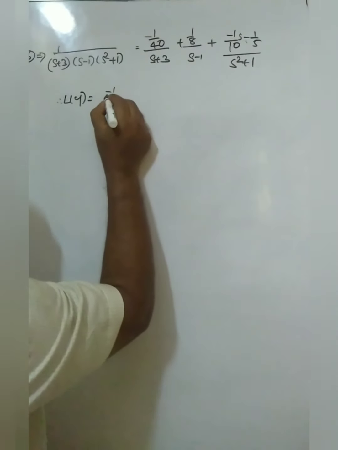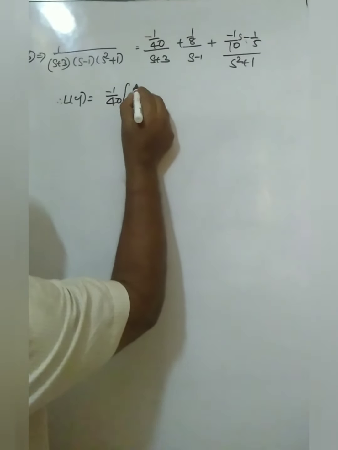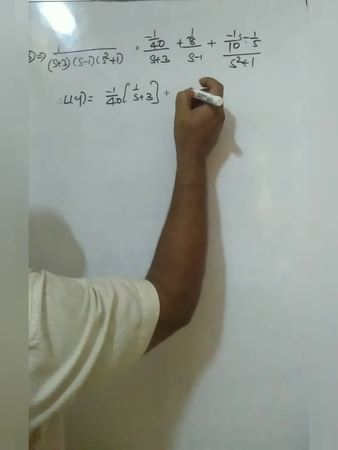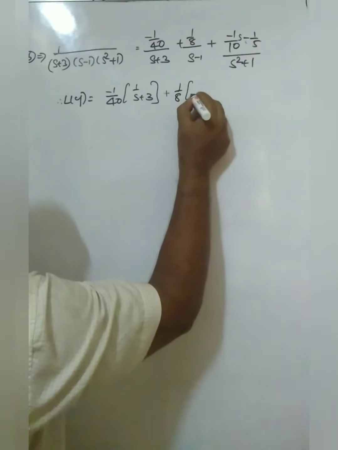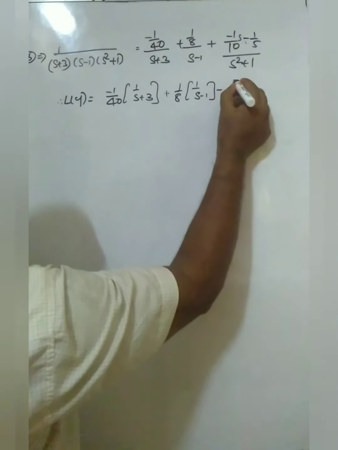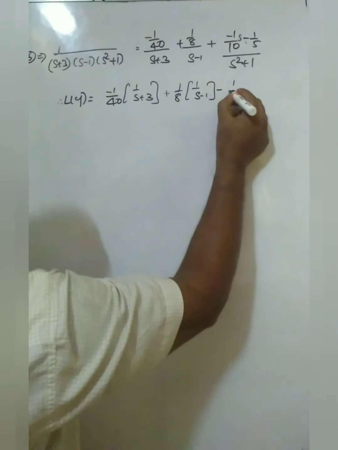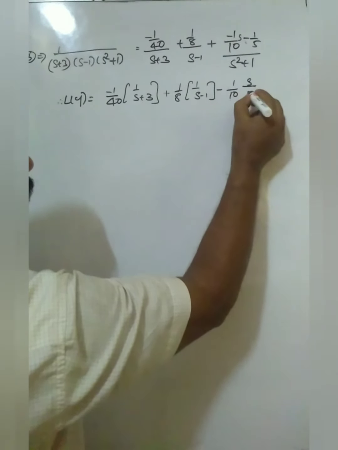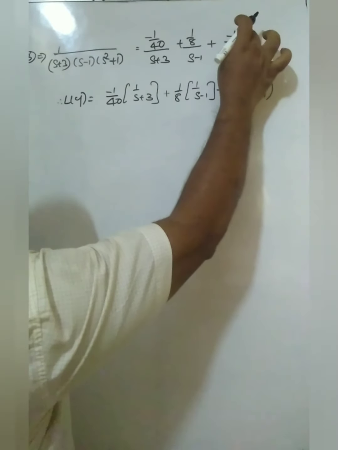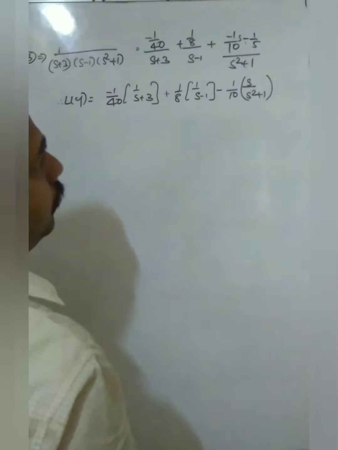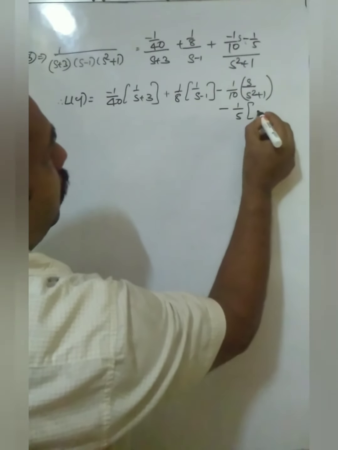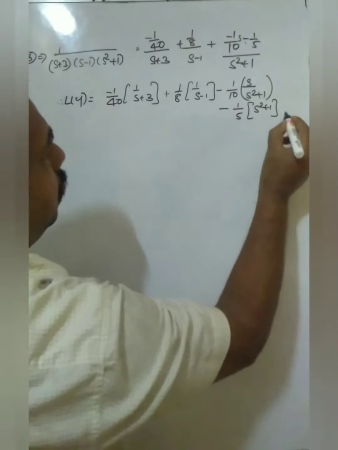This can be written as minus 1 by 40 into 1 by s plus 3, plus 1 by 8 into 1 by s minus 1, minus 1 by 10 into s by s square plus 1, because this is separate division, this by this one and this by this one. Last one, minus 1 by 5 into 1 by s square plus 1.